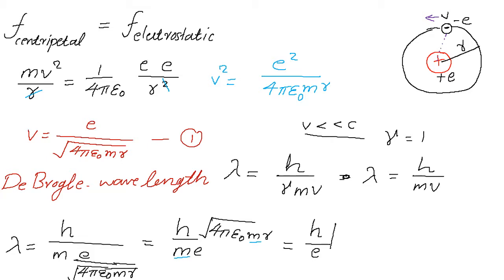H by E into square root of 4 pi epsilon 0 r divided by m. Correct? So this is the de Broglie wavelength. Lambda is equal to h by E into root of 4 pi epsilon 0 r divided by m.